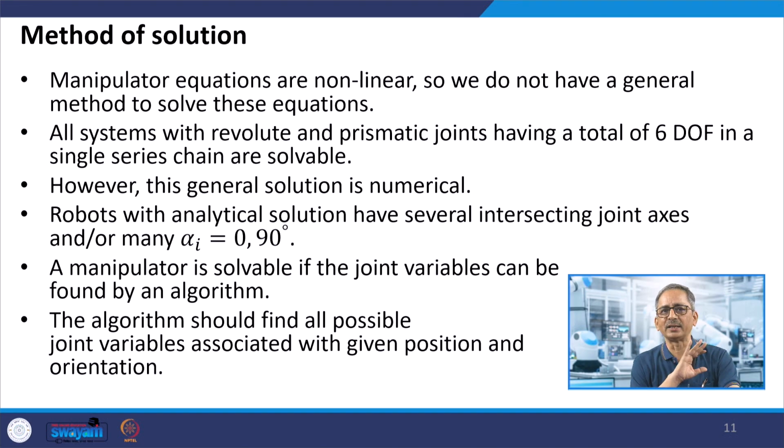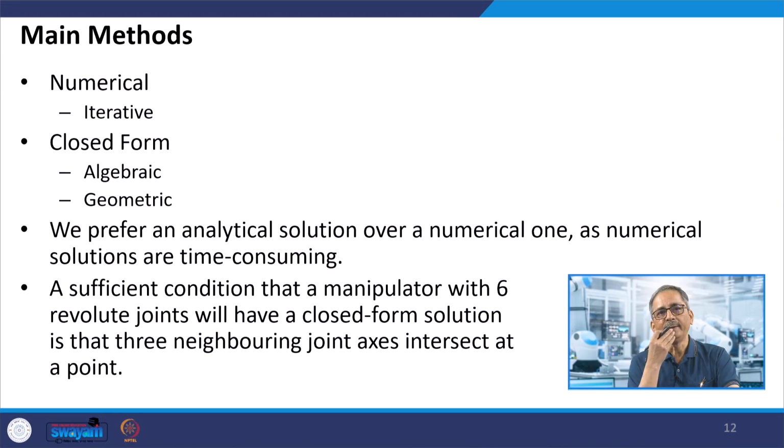A manipulator, as I said, is solvable if joint variables can be found by any algorithm, and the algorithm should find all possible joint variables associated with the given position and orientation of the end effector. The main methods are the numerical one and the closed form. Numerical ones are iterative in nature, and closed form could be algebraic as well as geometric. We are going to see both algebraic and geometric in today's lecture.